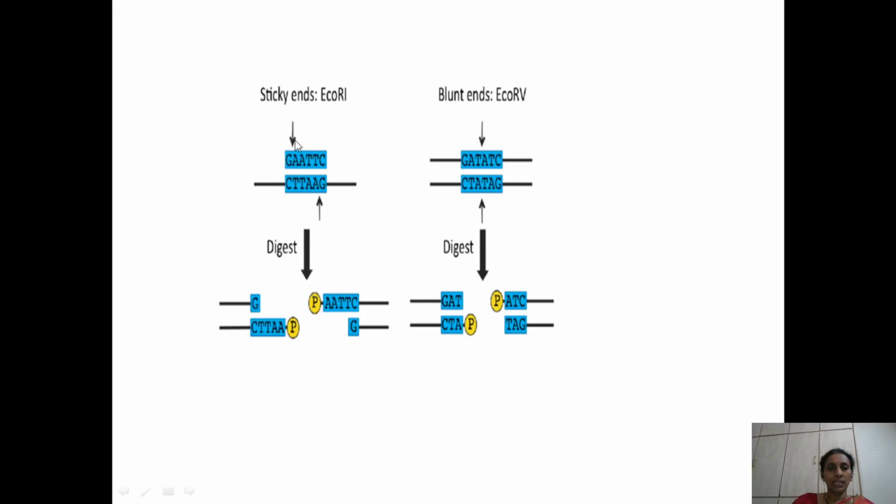EcoR1 cleaves in between G and A, guanine and adenine, whereas EcoR5 cleaves between thymine and adenine, that is in between T and A. So the cleavage position of enzymes differs from each other. One cleaves here, which results in sticky ends, and the other cleaves exactly at the center to give blunt ends.